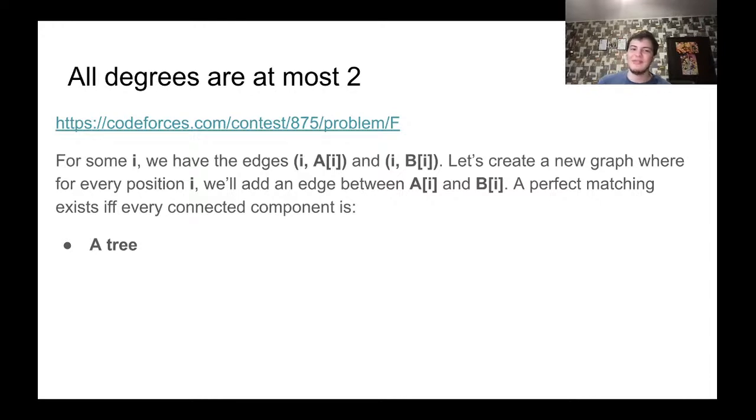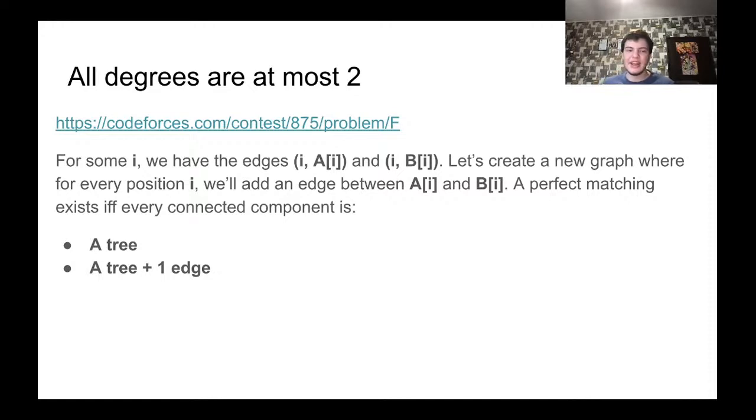In the second case, if we have chosen the other direction, basically not matching the leaf, then we can uniquely determine the directions of all other edges, because as I said, we have a bijection between perfect matchings and directions of the edges in our graph. So if a connected component is just a tree, then we are fine, because we can choose the directions of the edges so that a matching will exist.